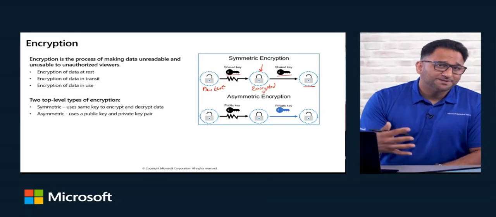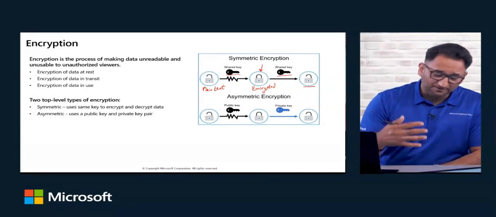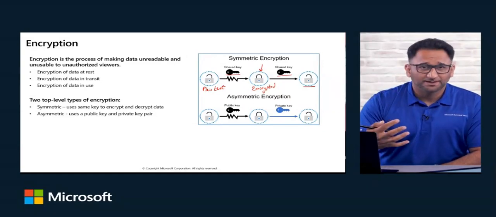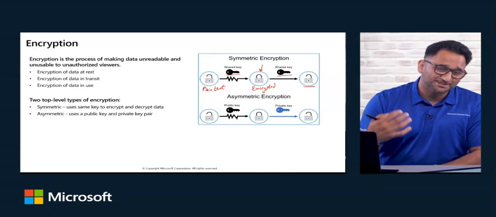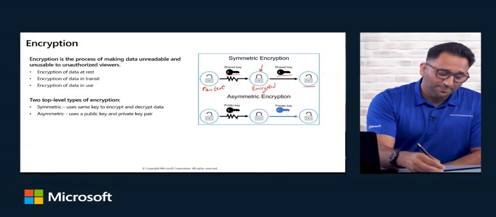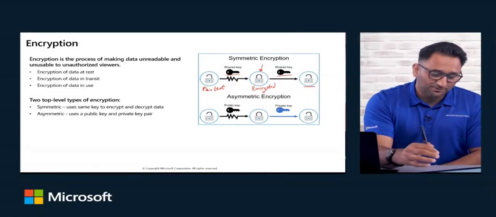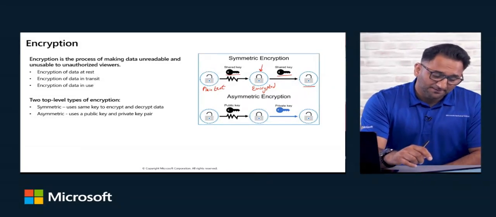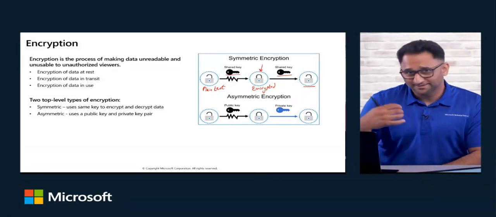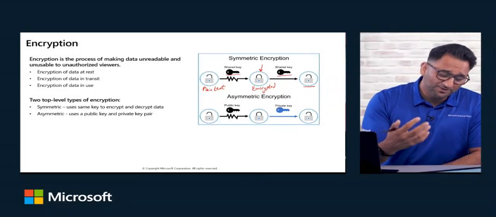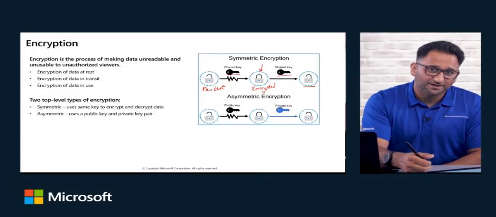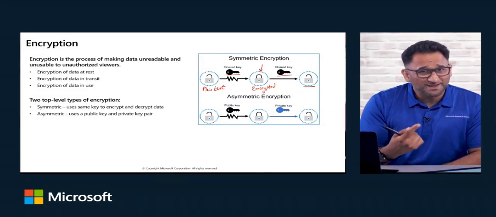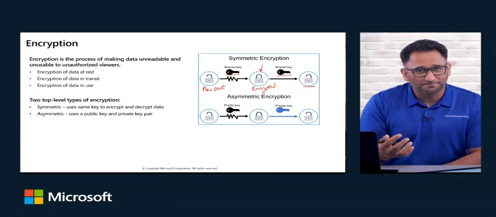Now, there are limitations to this particular service. For instance, if I was to send this information to somebody else and I want to ensure that this data is kept encrypted, in that case, symmetric encryption doesn't necessarily fulfill my need, because I'll have to send somebody the encrypted file along with the shared key that I have. Now remember, with symmetric encryption, you're using the same key to encrypt and decrypt the message.